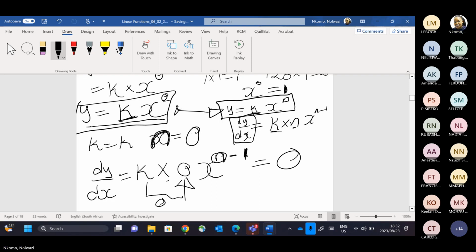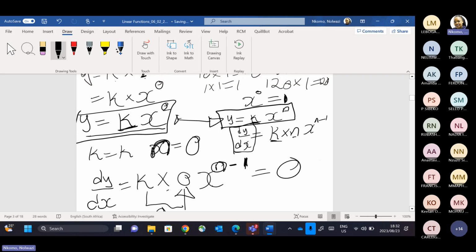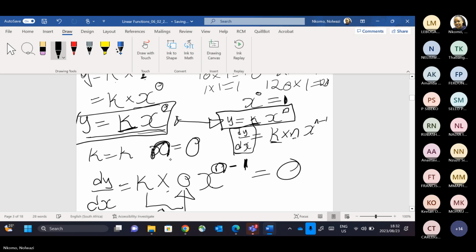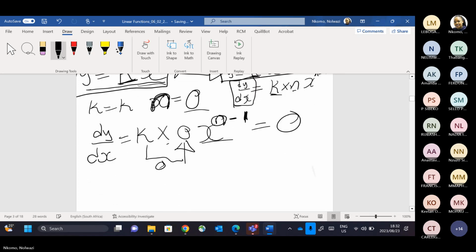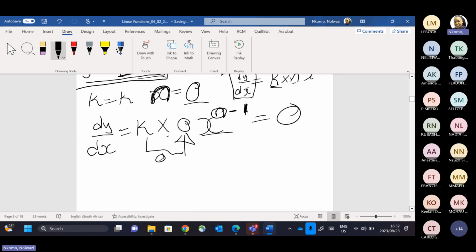So rather than doing all these steps, if you are asked to differentiate any constant, then you just go straight and say the derivative of any constant is 0, right?